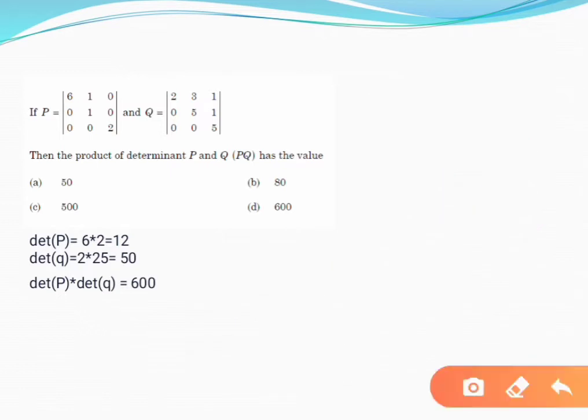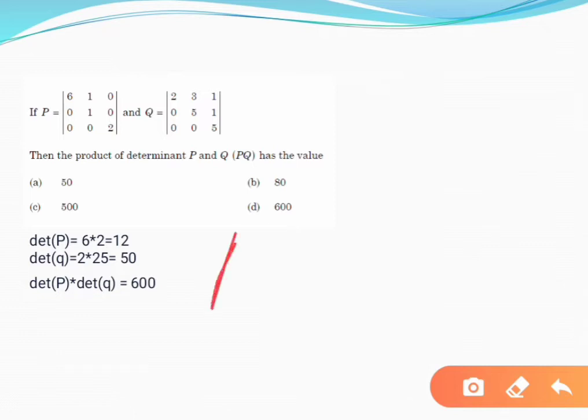Now the next one is the column matrix. A matrix having only one column is called a column matrix. In the previous row matrix you learned that a matrix which has only one row is called a row matrix. In a column matrix, a matrix having only one column is called a column matrix.